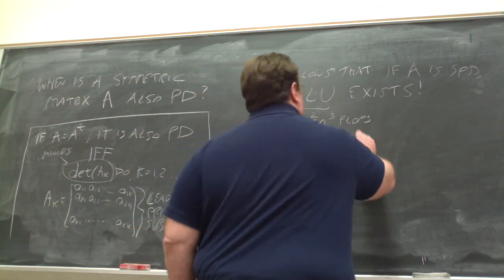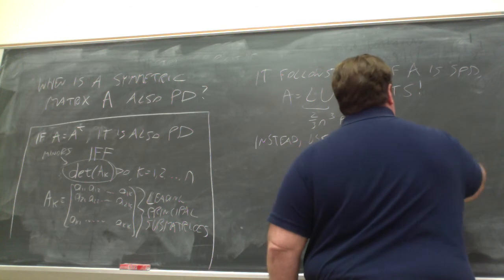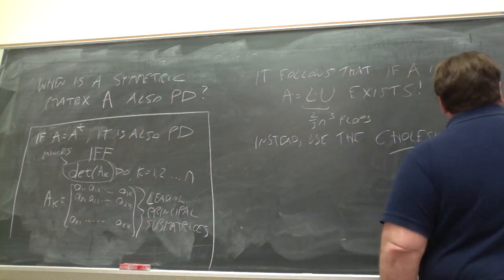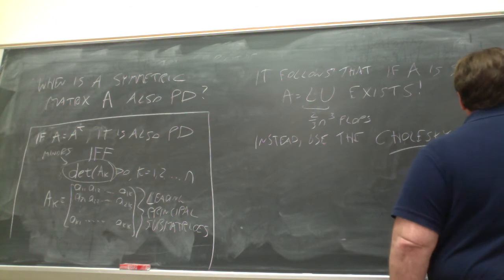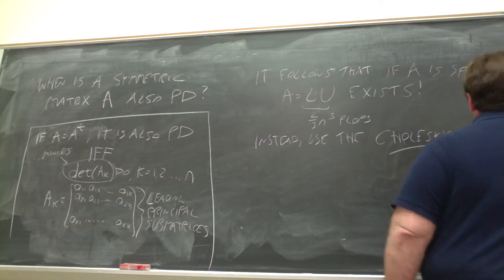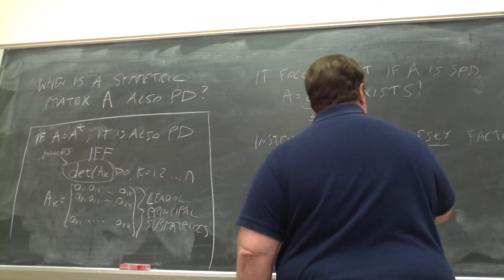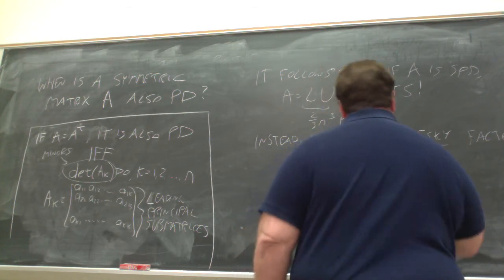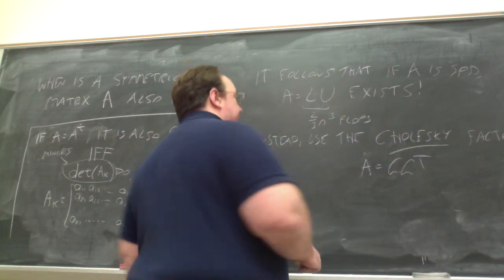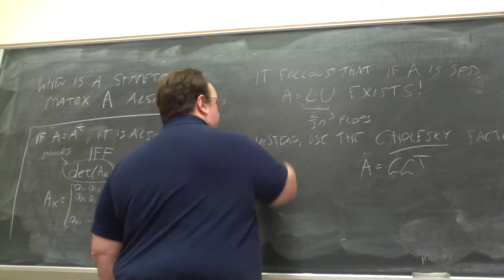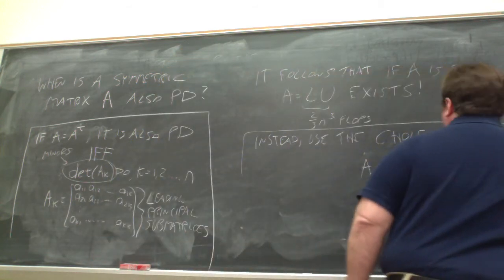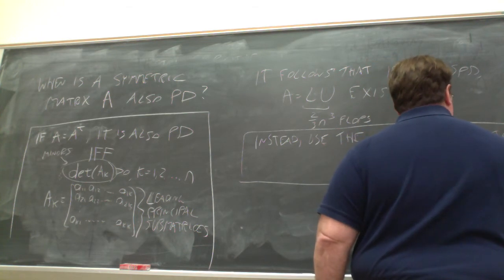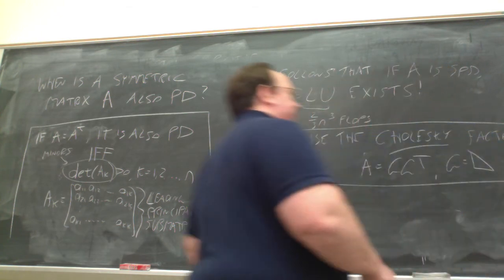We use the Cholesky factorization. A is equal to GG transpose, where G is lower triangular.